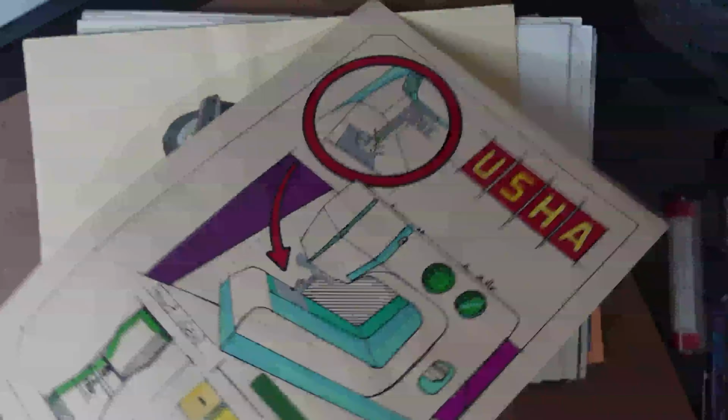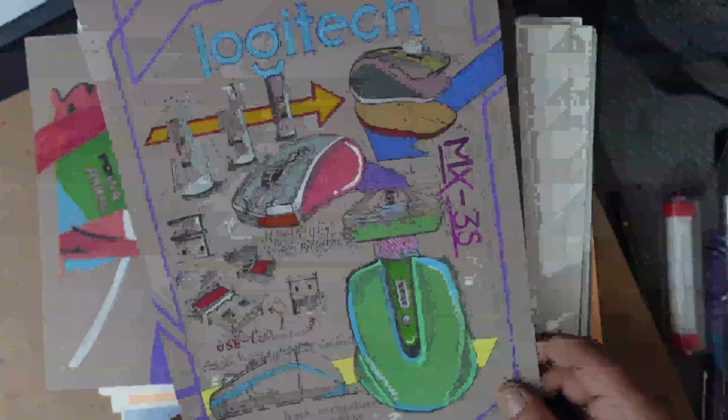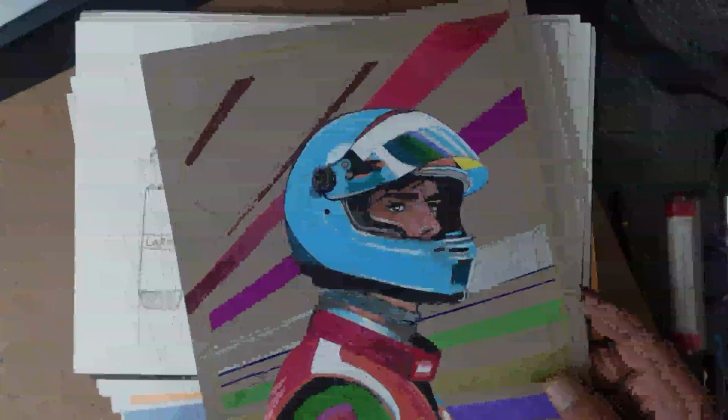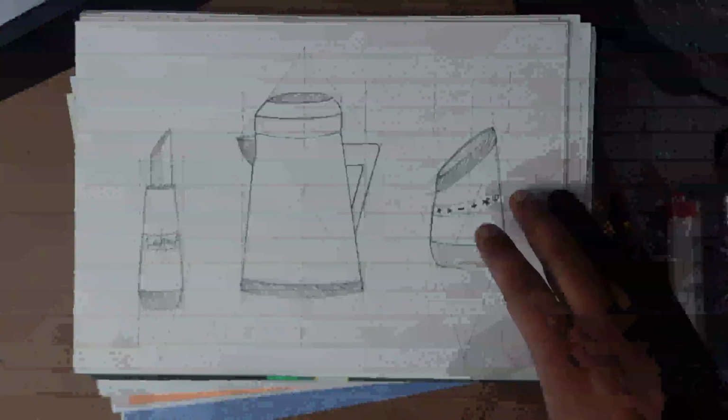You can draw this industrial design. Automobile. Again, product design. This is a kind of poster advertisement for a helmet company, right?